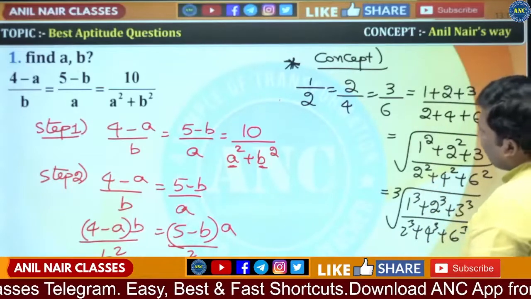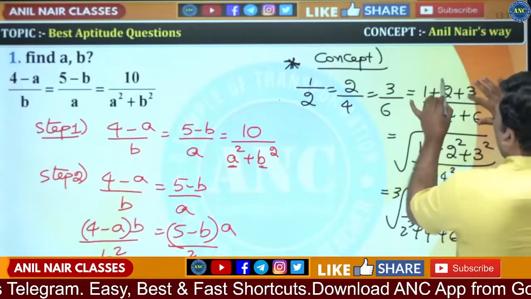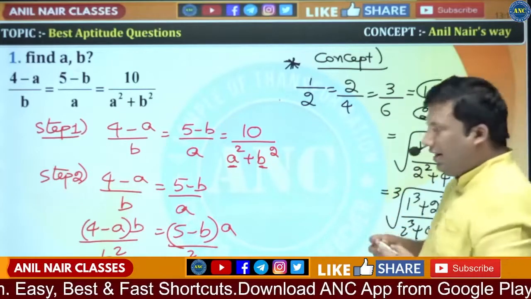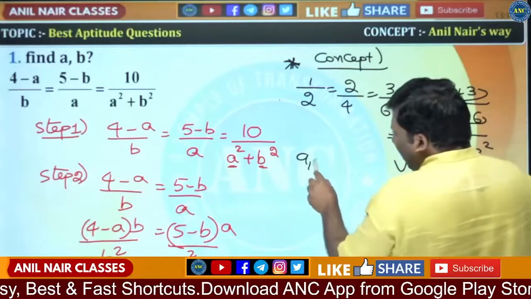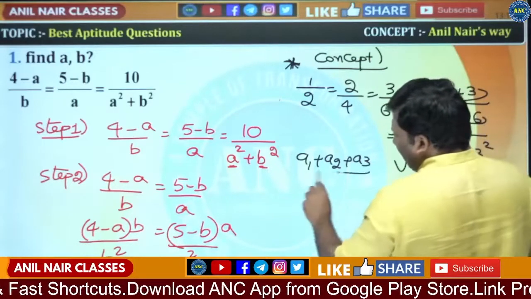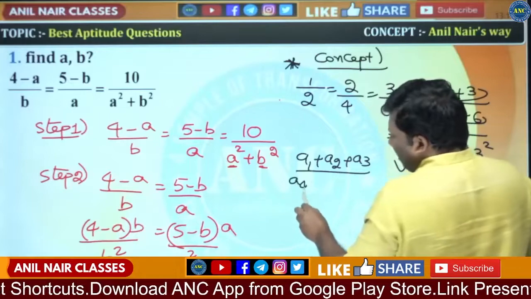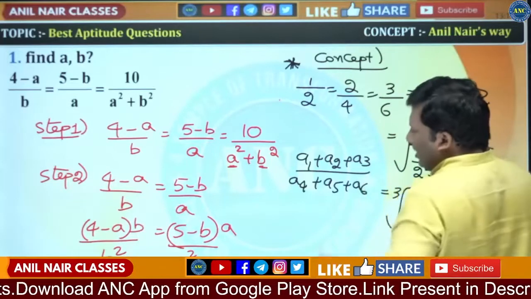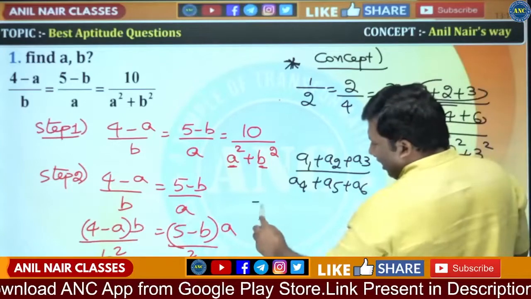That means if you see here 1 plus 2 plus 3, 2 plus 4 plus 6, ideally if A1, A2, A3 are the sides of one triangle, A4, A5, A6 are the sides of another triangle.